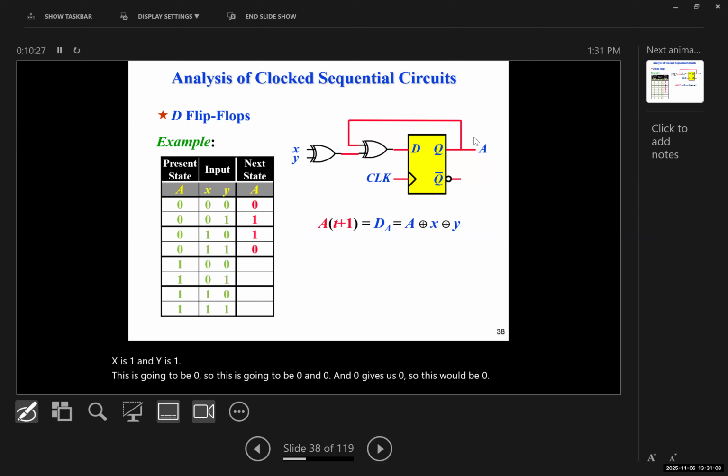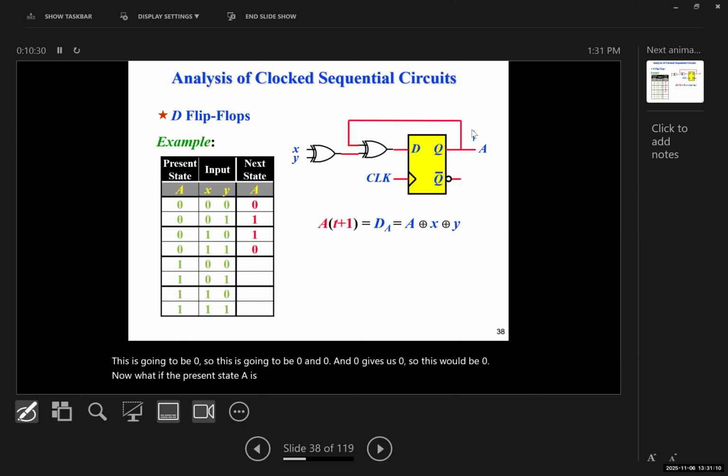Now, what if the present state A is 1 and X and Y are 0? What is it? Yes, perfect. Thank you. It's going to be 1 because 1 and 0 gives us 1. What if A is 1, X is 0, and Y is 1? X is 0, A is 1.